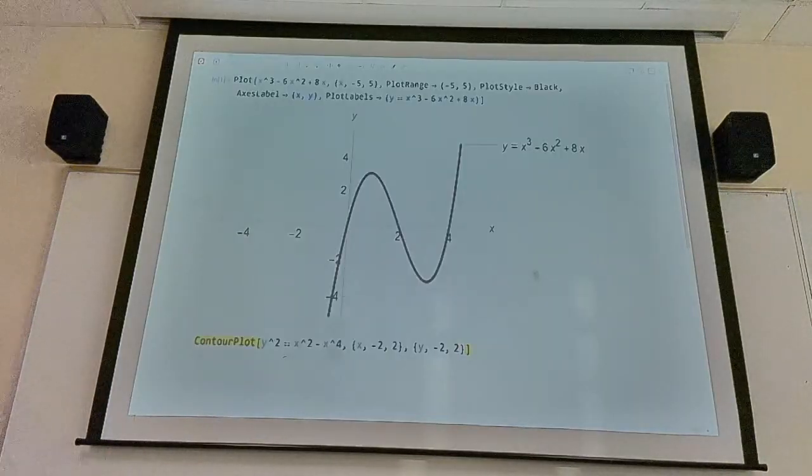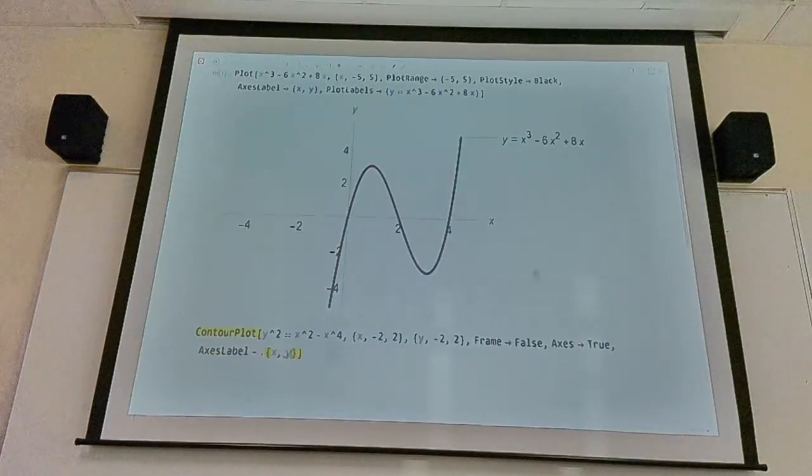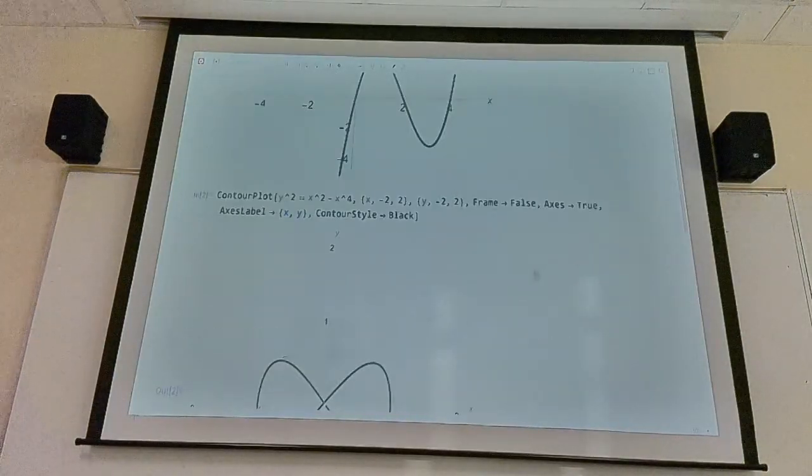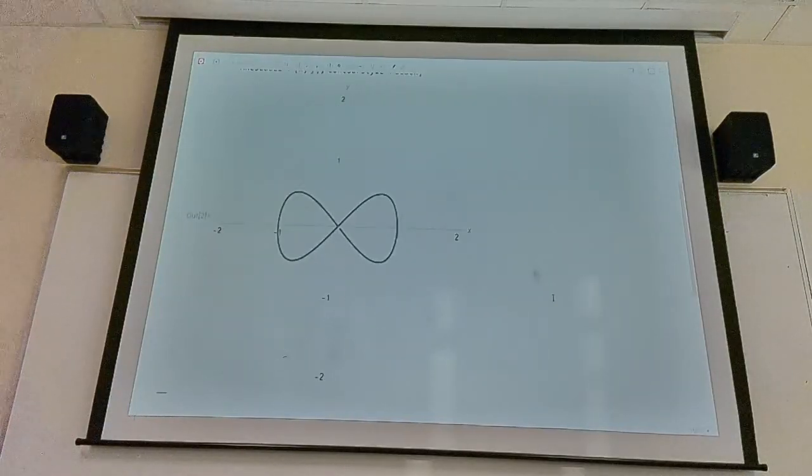I already know that's the best view on the window. Let's turn that frame off, turn the axes on. That's the curve.